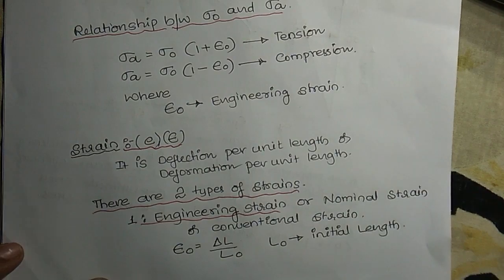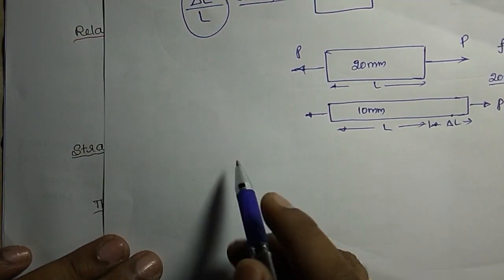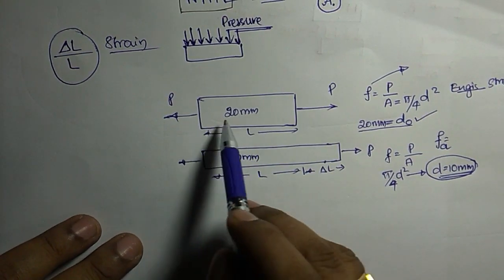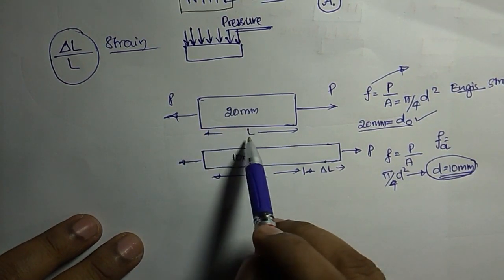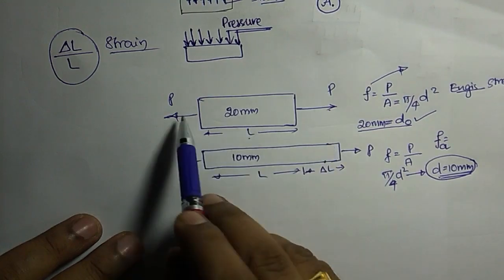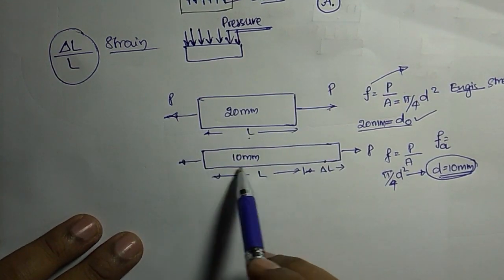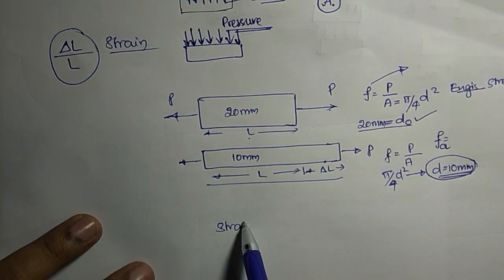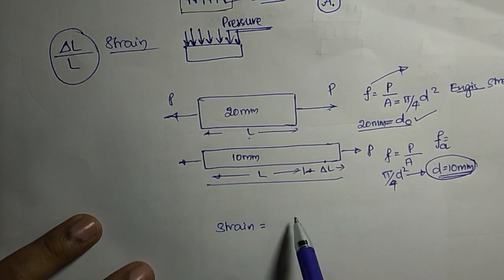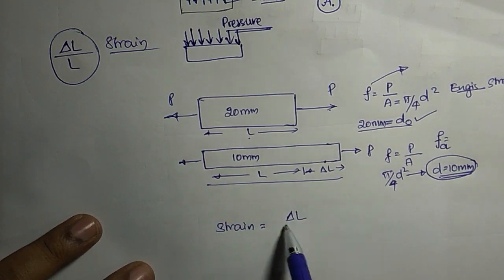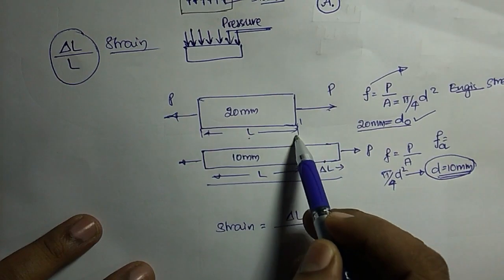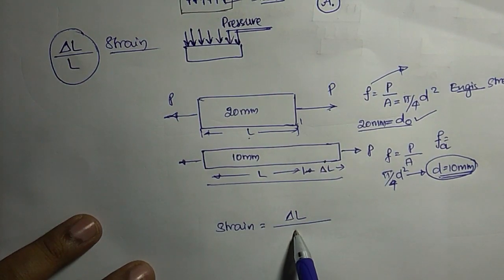I can explain with the same example. You have a bar of diameter 20 mm and length L, subjected to force P. After application, the length has increased. Now if you calculate the strain, it is the change in length, delta L, divided by the original length, and this is called the normal case.